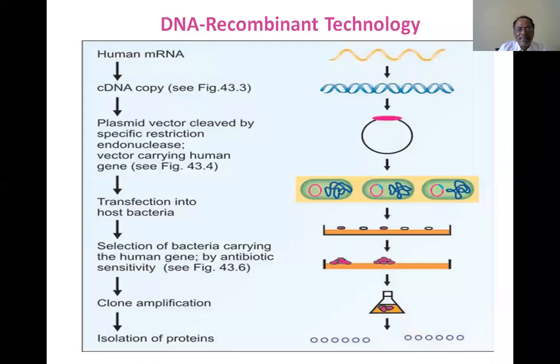And hence, cadaveric pituitaries. So human pituitaries need to be harvested. That is the ideal one. So growth hormone distribution is not possible, because how do we get the human pituitaries?